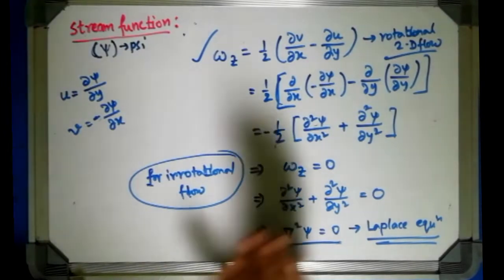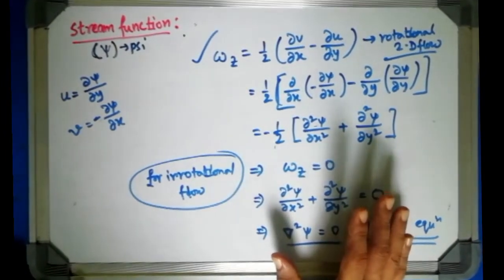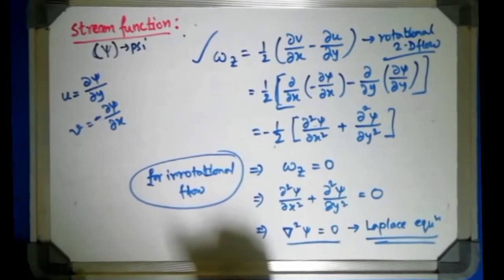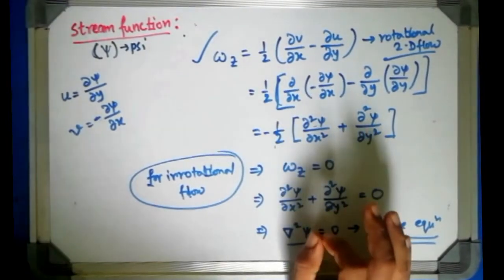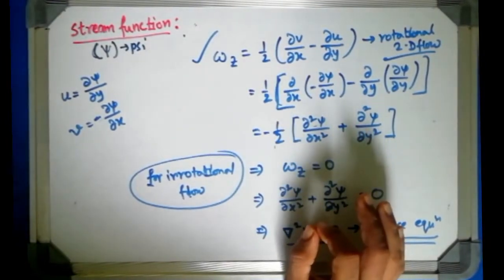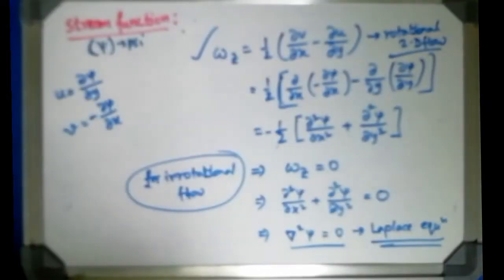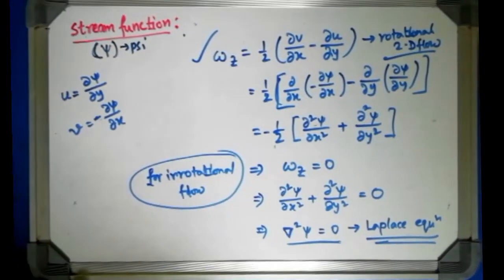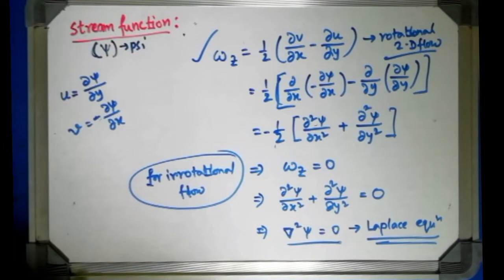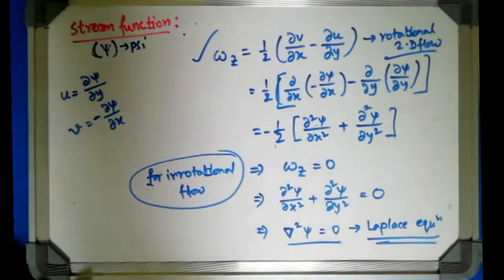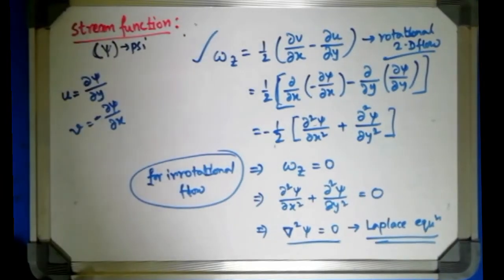I have also shown you that along a streamline, the stream function always remains constant. So we can draw multiple stream functions in a Cartesian coordinate system. Now we should concentrate on the velocity potential function. Let's move on to that.